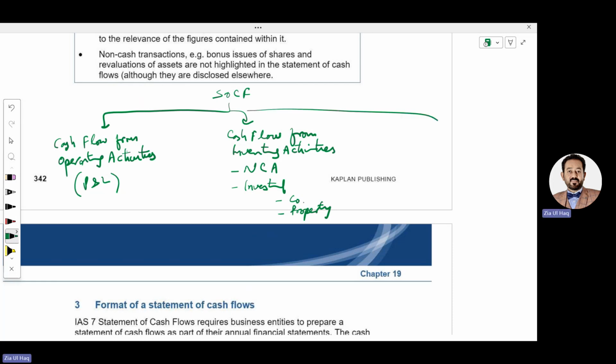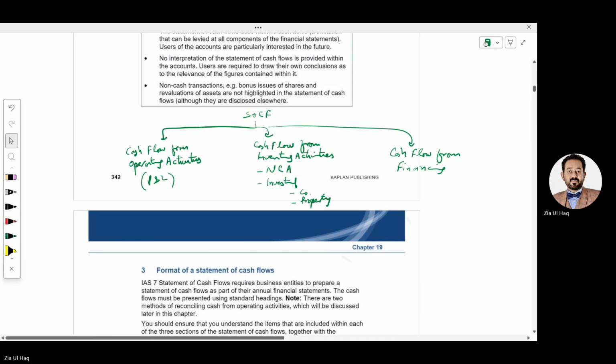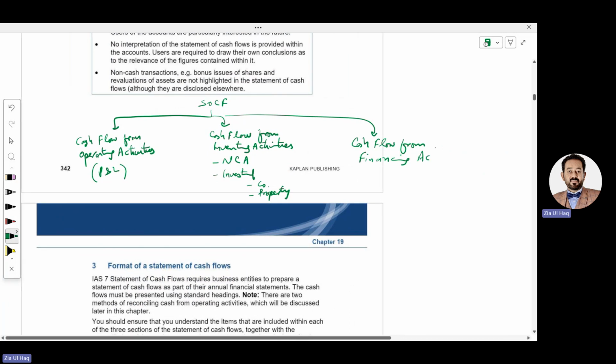And we need to calculate cash flow from financing activities. Financing: where does the company source finance from? The company takes finance by issuing shares.